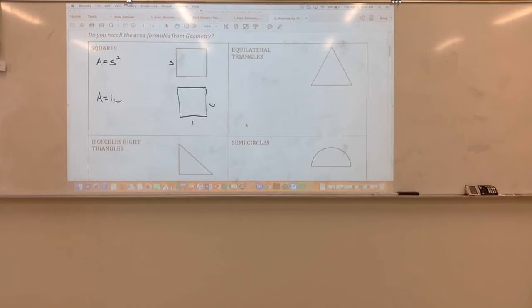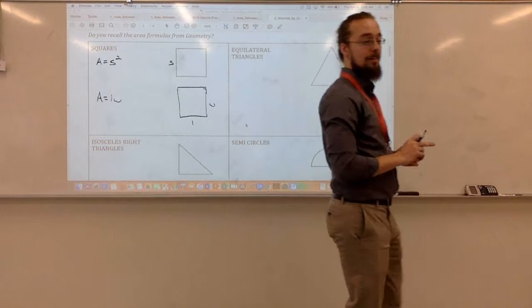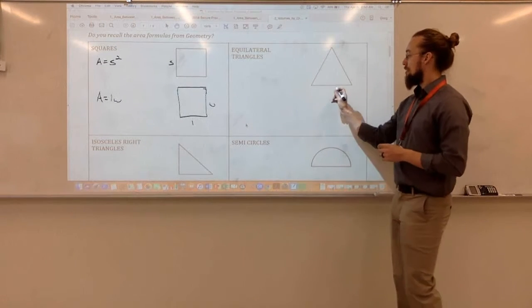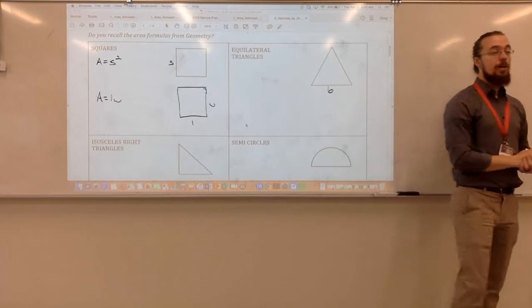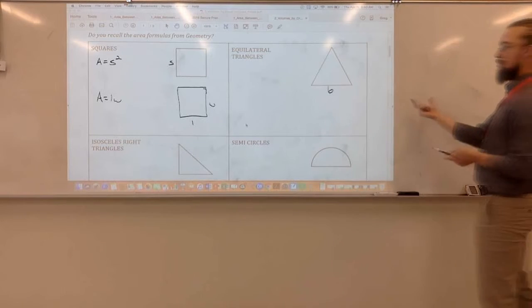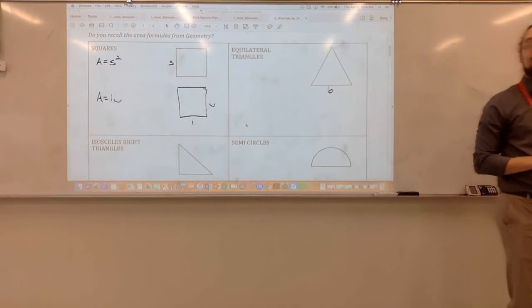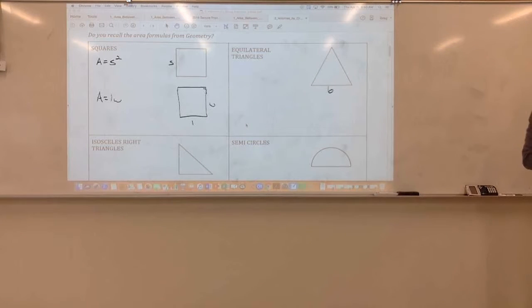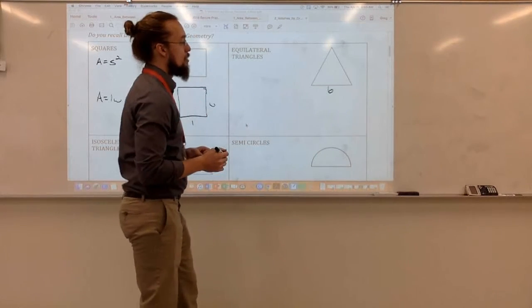How about of an equilateral triangle? Why am I only thinking of base times height? Well, yeah, the area of a triangle is base times height, but let's say that we only know this side. Base squared divided by 2.